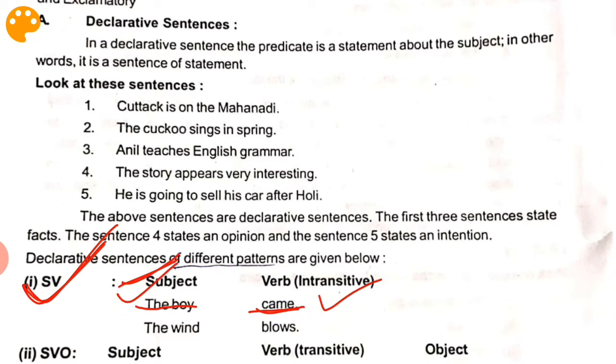So it is the SV pattern. It is very easy to identify the SV pattern because in the SV pattern there is only a subject and a verb. There is nothing else except subject and verb.